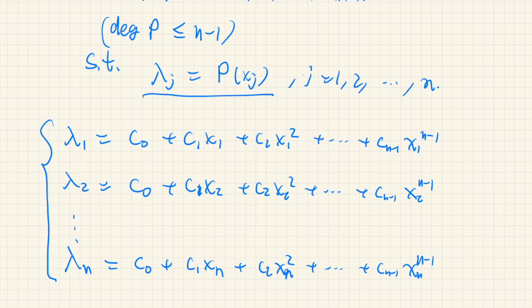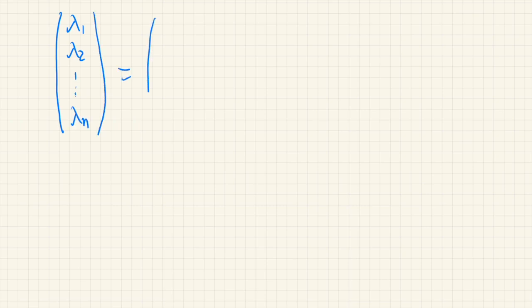And using the matrix vector form, we can represent these simultaneous equations more concisely as follows. So we have lambda 1, lambda 2, and so on, lambda n. This is a vector.